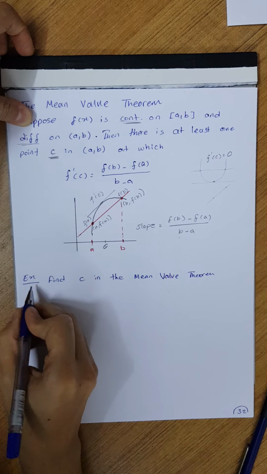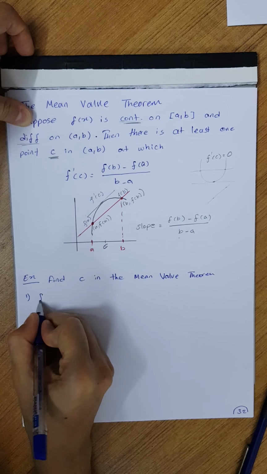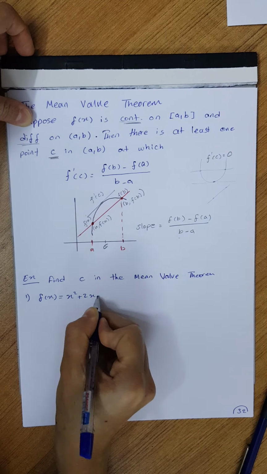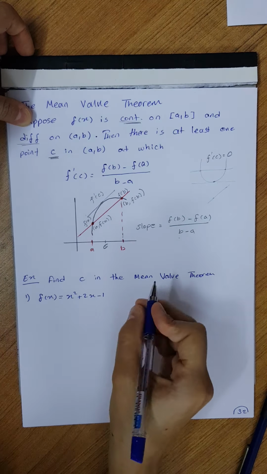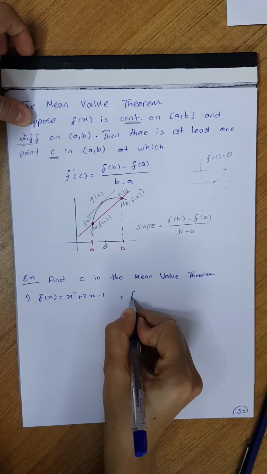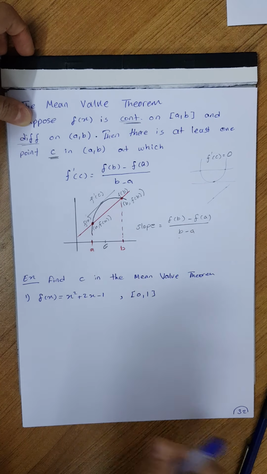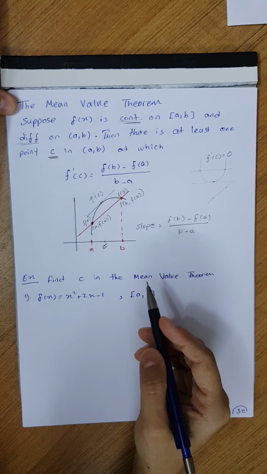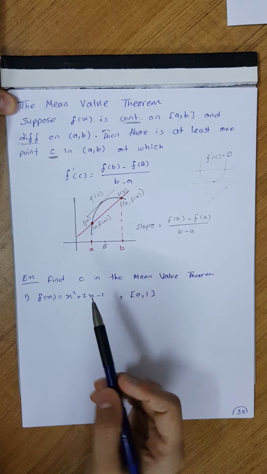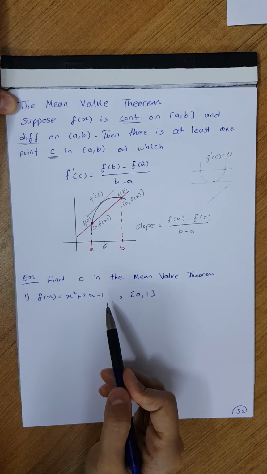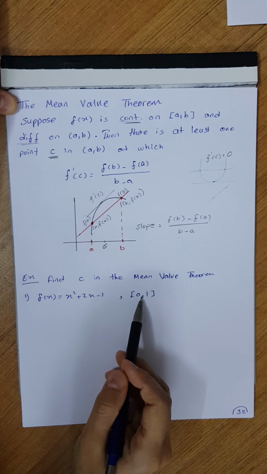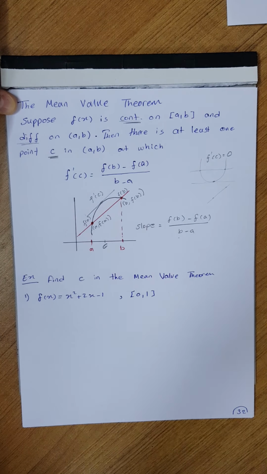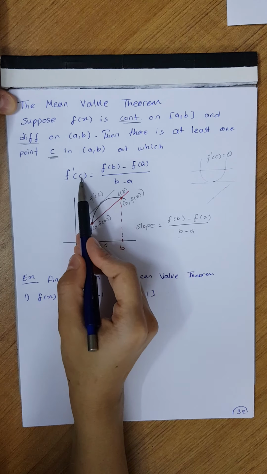I'm given a function f of x equal to x squared plus 2x minus 1, and the interval given to me is 0 to 1. Using the mean value theorem, what do we have to check? We have to check continuity and differentiability. That's a polynomial, so it is definitely continuous on that interval, and it is also differentiable on that given interval. It's required from us to find that C.